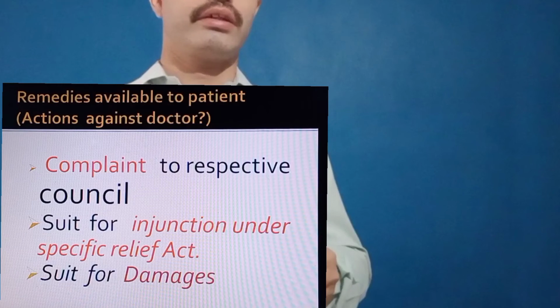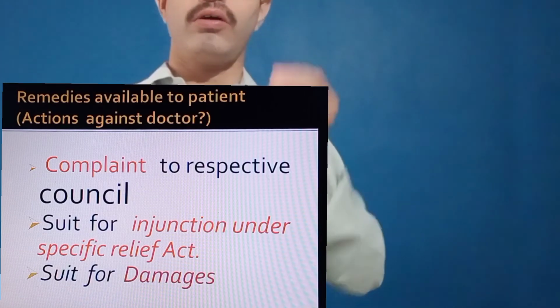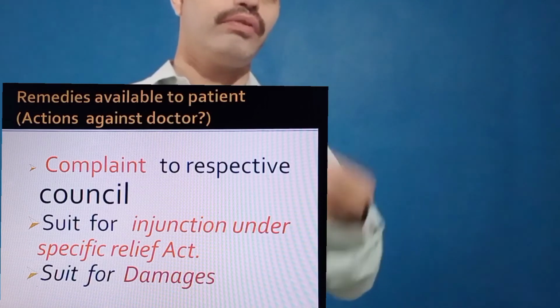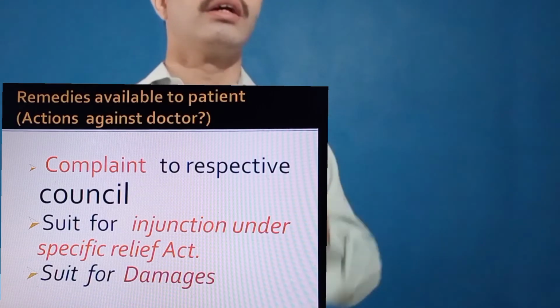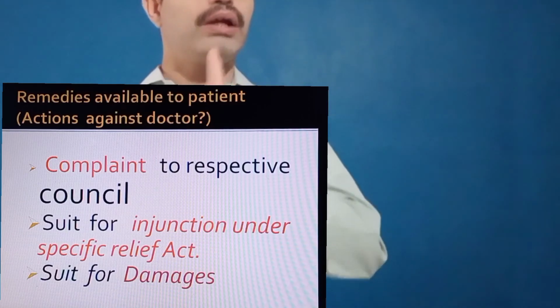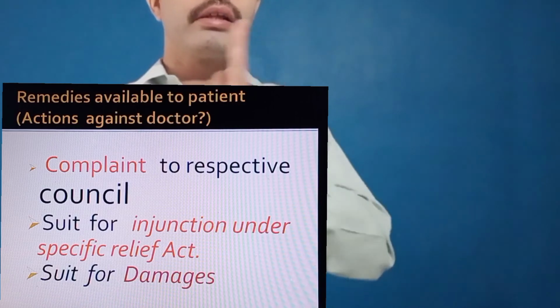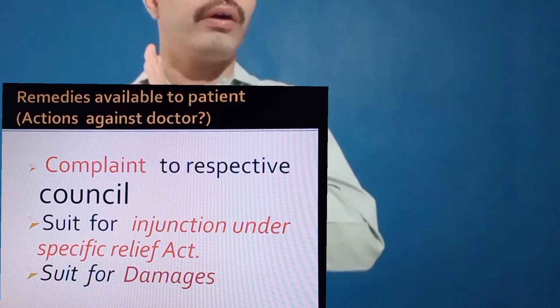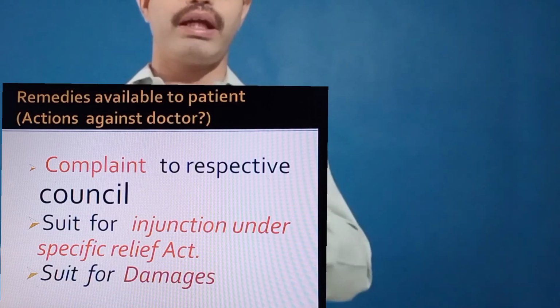Then the second thing is that if the patient's information has not yet been revealed to anyone else, but there is a reasonable suspicion in the patient's mind that his information is going to be revealed by the doctor to anyone else, and if that happens, it may cause some harm or injury or some kind of inconvenience, humiliation, discomfort or social stigmatization to him.